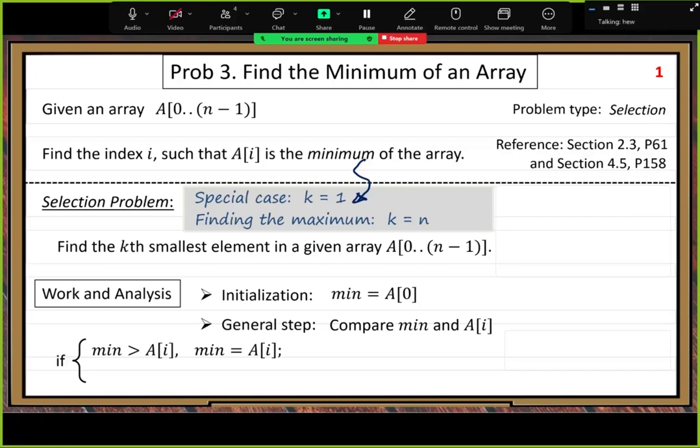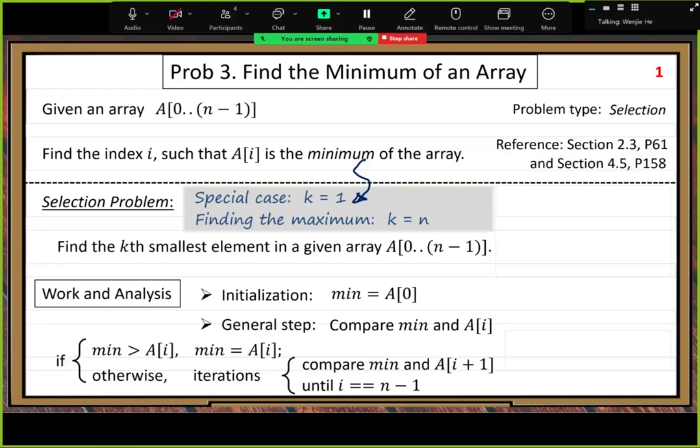Otherwise, that means min is less than or equal to A of I, and we don't update. We move to the next iteration, with another round of comparison, until we reach the end.